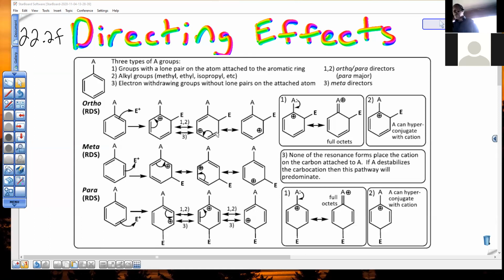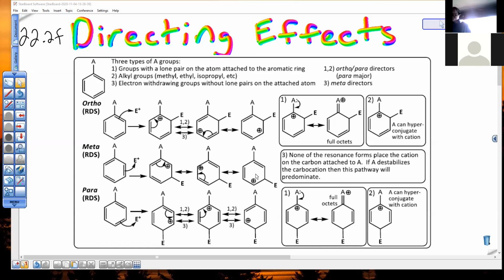So ortho and para happen together when we have a group that's type 1 or type 2. You want to take advantage of the fact that ortho and para put the cation on the carbon attached to the A group in this first resonance form here and down here in the second resonance form. If you do the meta mechanism, you'll see the cation never occupies the position of the carbon attached to A. So that is going to be your default choice when your A group destabilizes carbocations and can't even resonate with them with a lone pair.